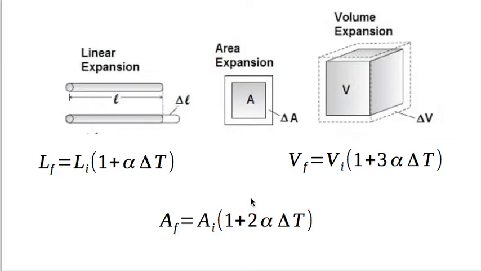And when you talk about a piece of paper, you don't really care about how thick it is. You only care about its length and its width. So that's why we talk about this equation. But if you want to get really nitpicky about these things, you should use this equation.